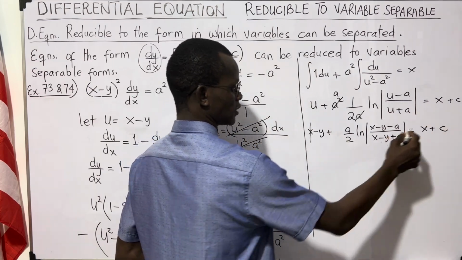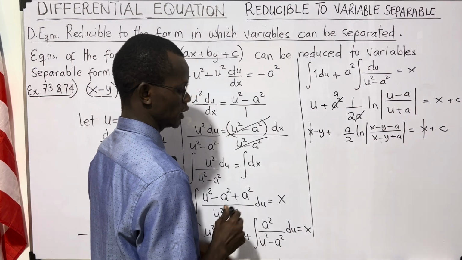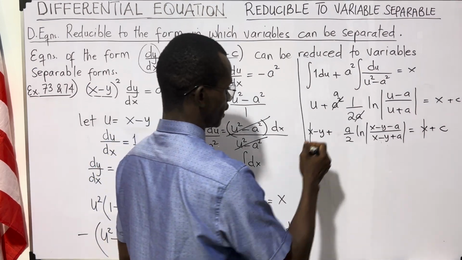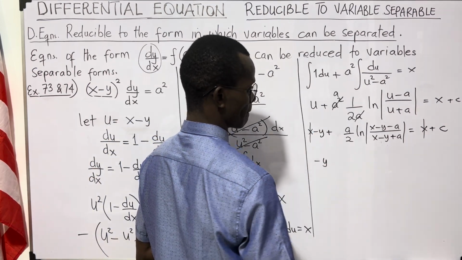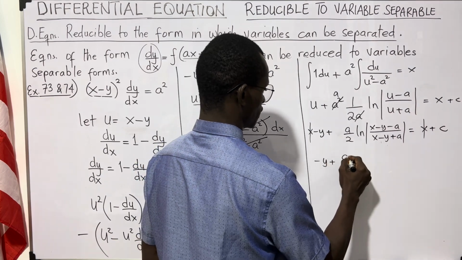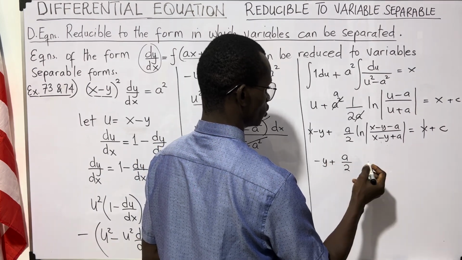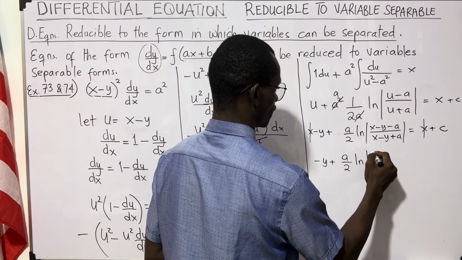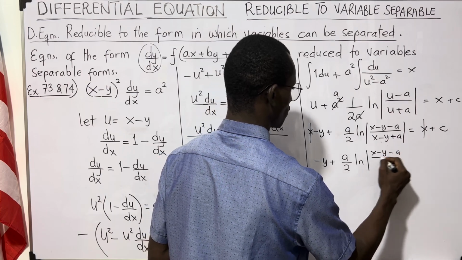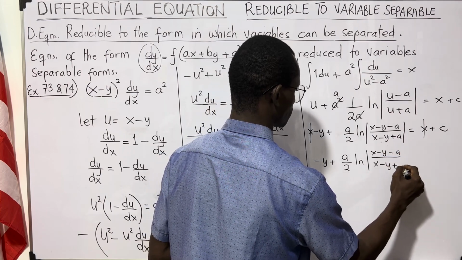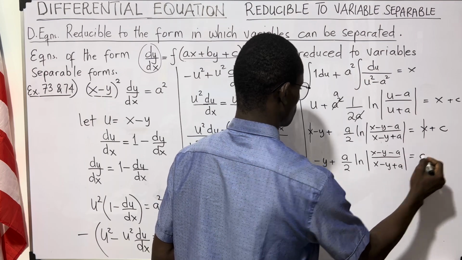So this x cancels this x, right? And then we're going to have minus y plus a all over 2 ln of x minus y minus a all over x minus y plus a equals to c.